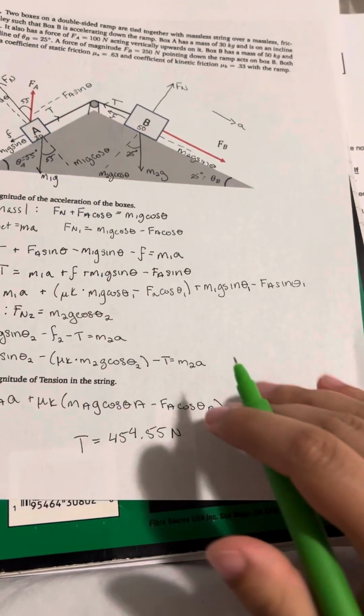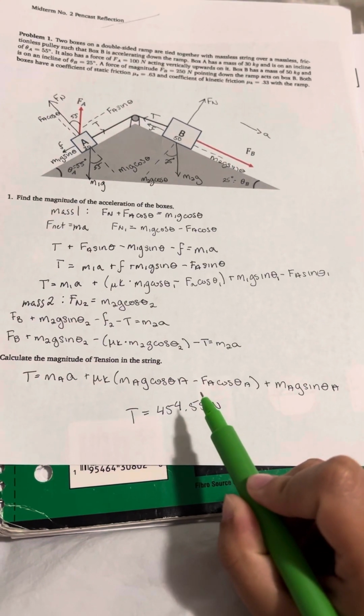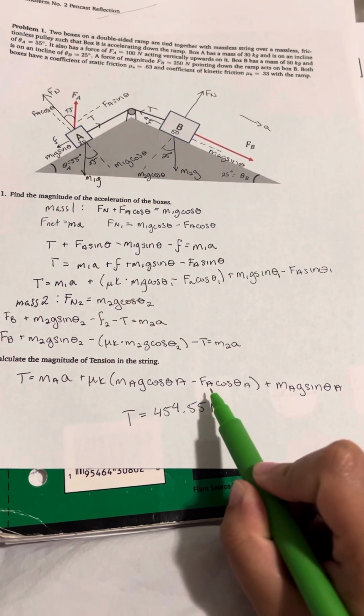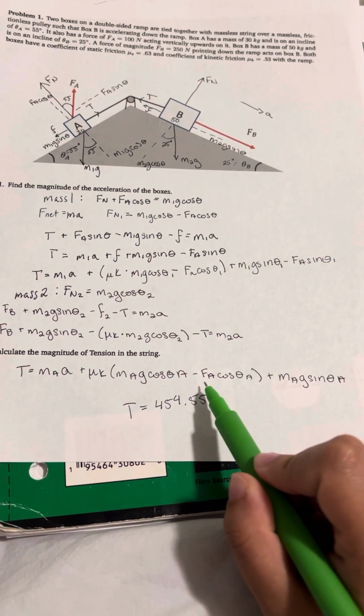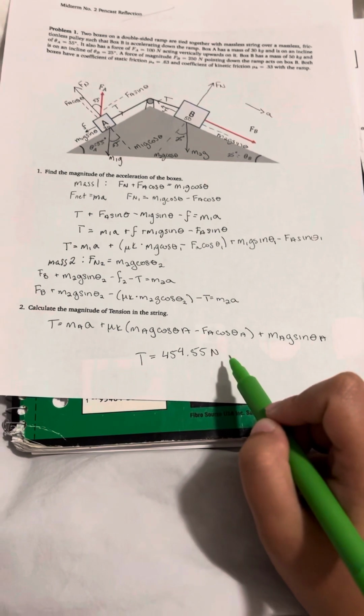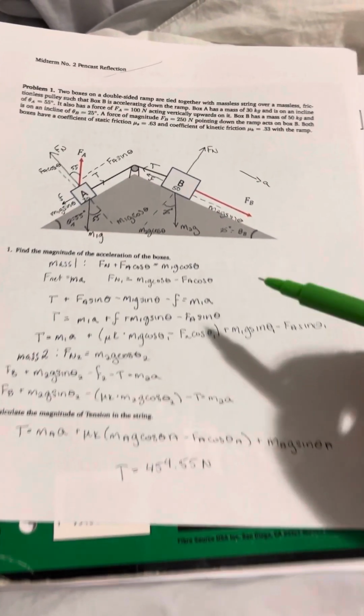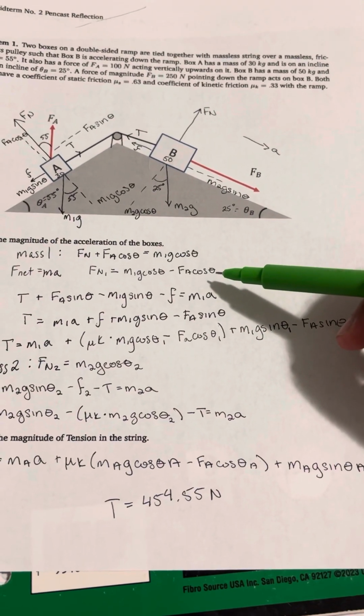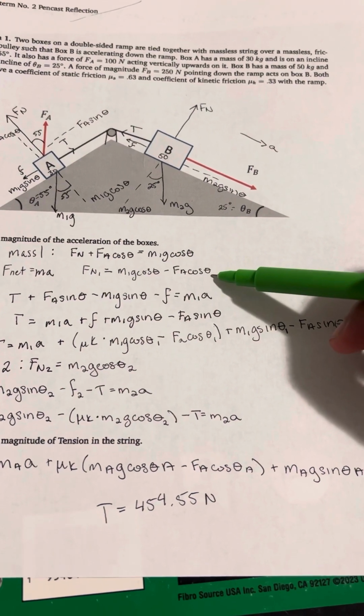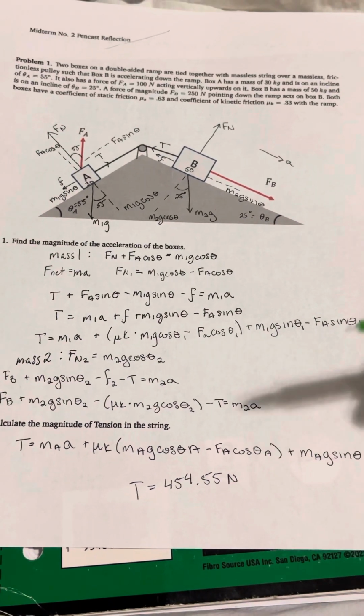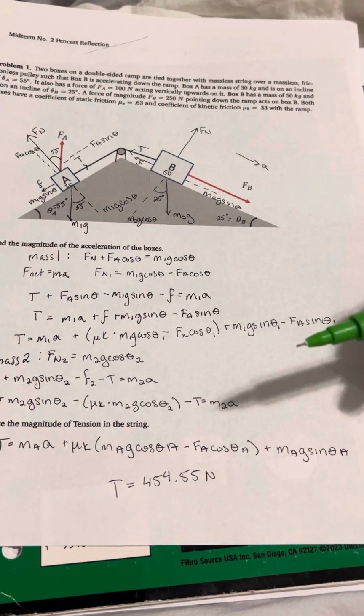Now you notice this is the third mistake that David made. He plugged in Fa instead of Fa cosine theta, which is an honest mistake. Same problem he did here. He just took this and plugged it into here, and yeah, so it's okay.